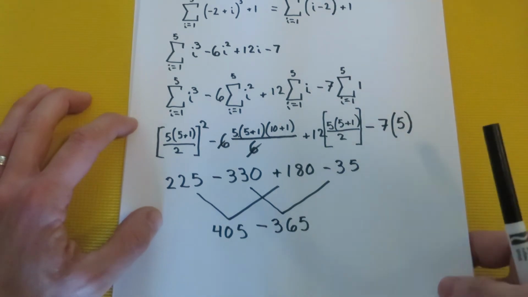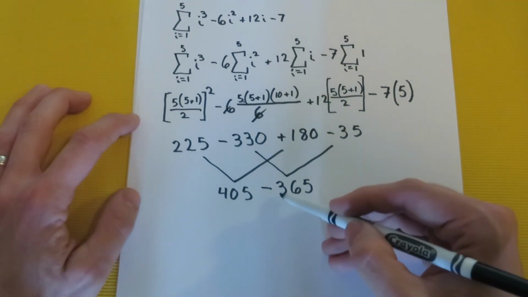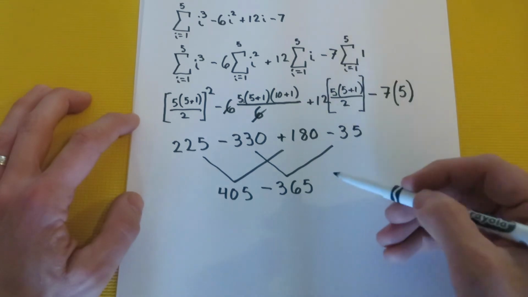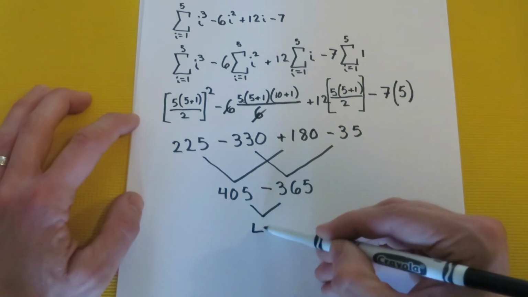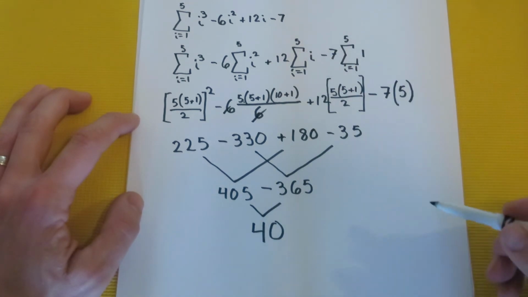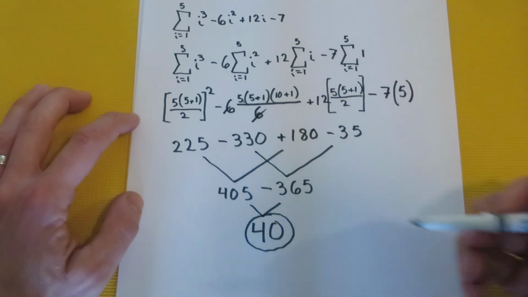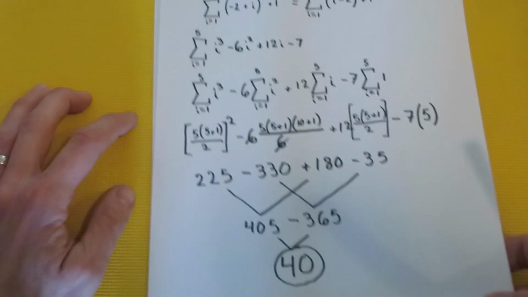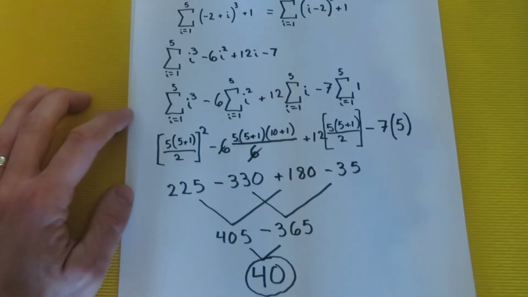All right. 405 minus 365 is going to get us to 40. And assuming that I haven't made a mistake anywhere, this is the evaluation of our sigma notation. Let's see if this makes sense here.